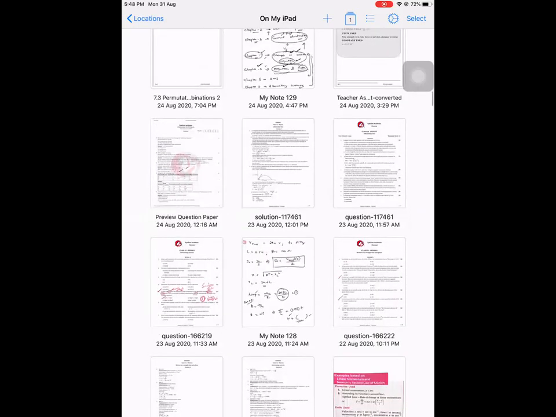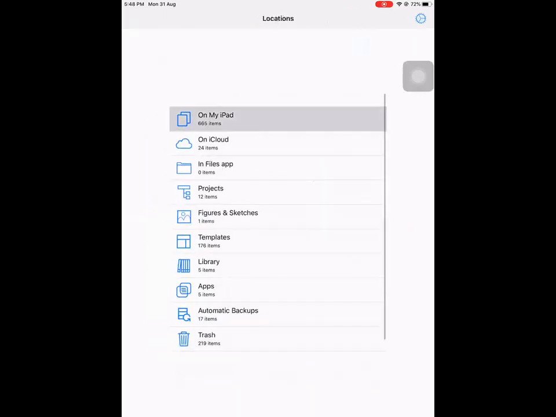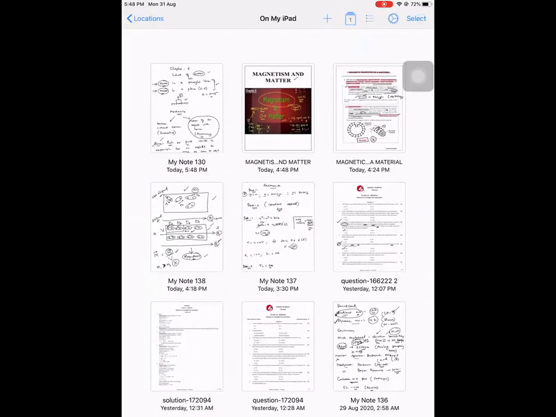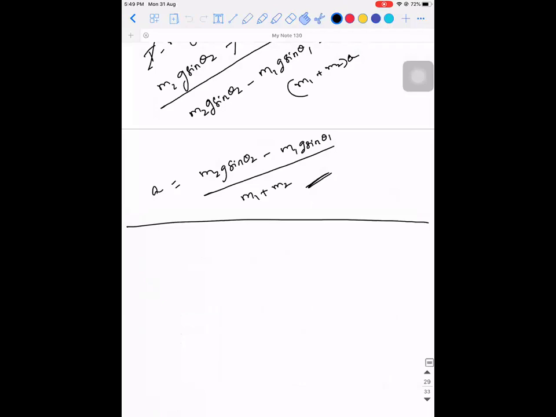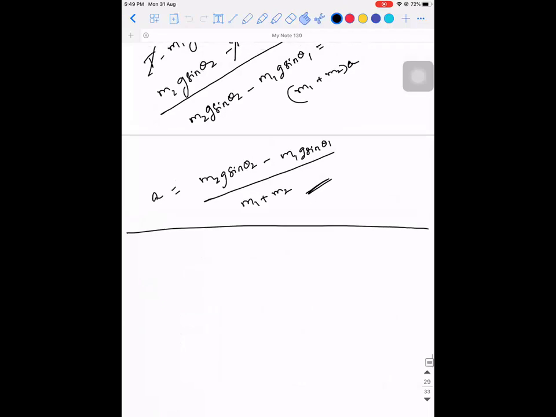So the next topic is, write it down, law of conservation of linear momentum. This is also a very, very important law. Law of conservation of linear momentum. Okay.